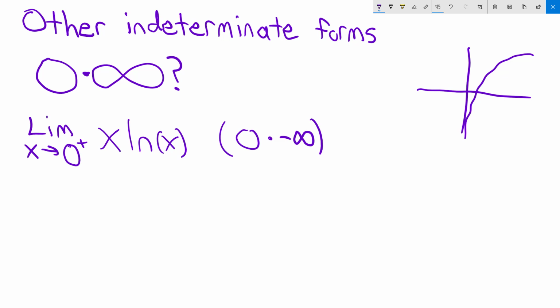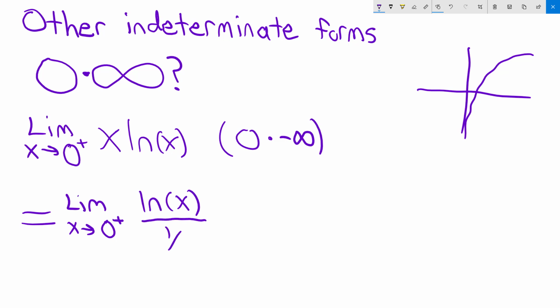So if I want to use L'Hopital's rule to help figure this out, we'd rather rewrite this into a form that can be used with L'Hopital's rule. But remember, it still has to be an indeterminate form. So, as the algebra says, we could take natural log of x, let's leave that one alone, but take the other function, x, and take its reciprocal.